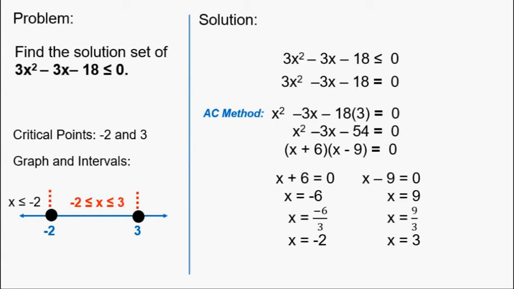Ito naman yung mga numbers o values na nasa pagitan ng dalawang roots o nasa pagitan ng ating dalawang critical points. And then the last interval, we have x is greater than or equal to 3. Ito naman yung mga numbers na mas mataas or equal sa 3. Okay? So, ayan. Yan yung tatlong intervals natin. So, nakita nyo, parang hinati lang natin yung number line natin. Okay?